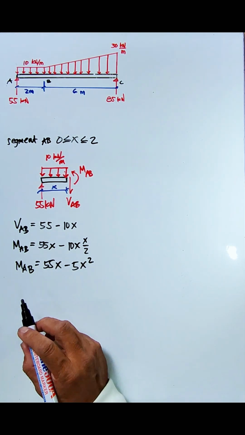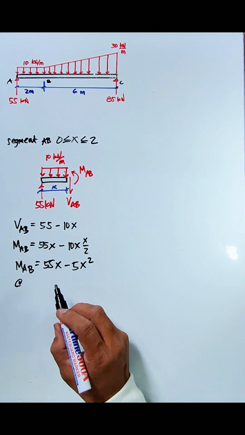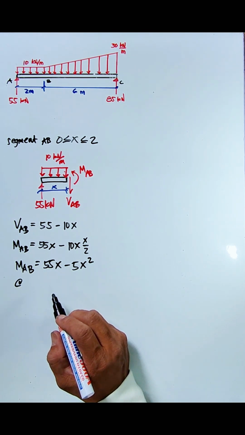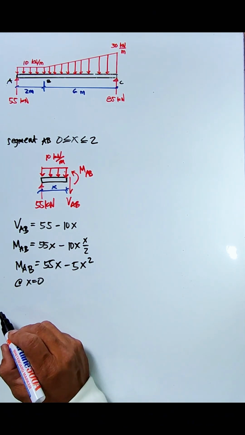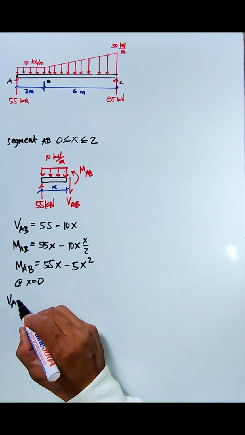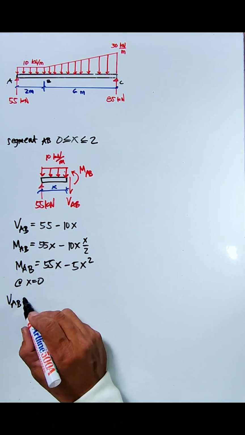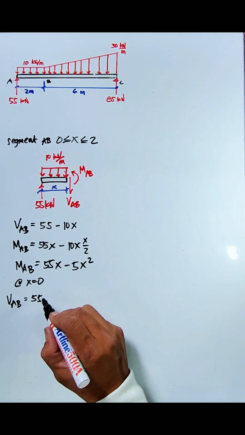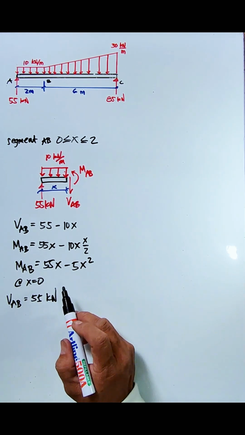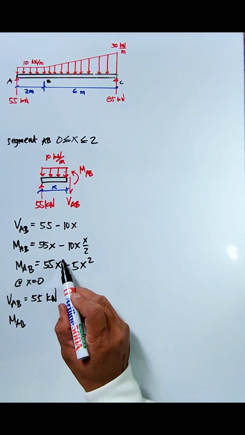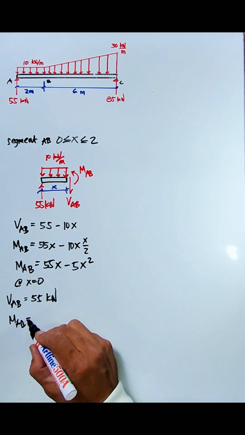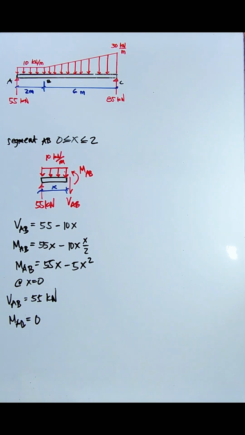So let's solve the values of the shear and moment at x equals 0. VAB is 55 minus 0, is 55 kilonewtons. And MAB at x equals 0, this will be 0 and this is also 0, so MAB is 0.